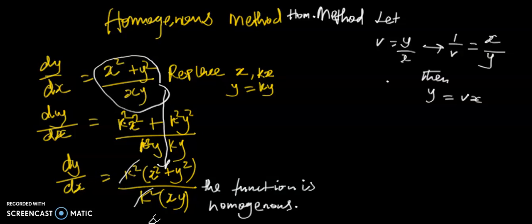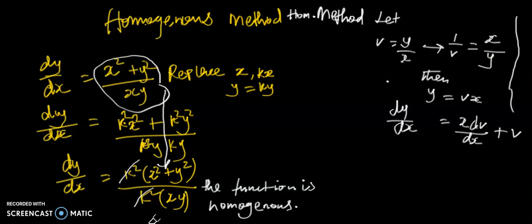This is basically using u substitution. So dy over dx will be equal to x dv over dx plus v. You have to pay attention to this.